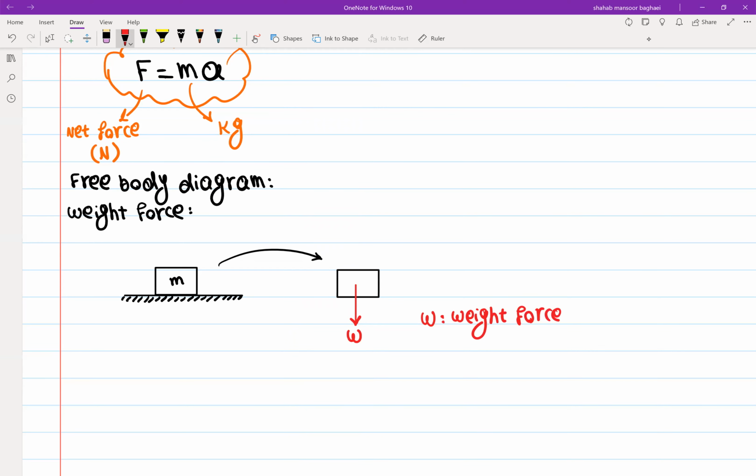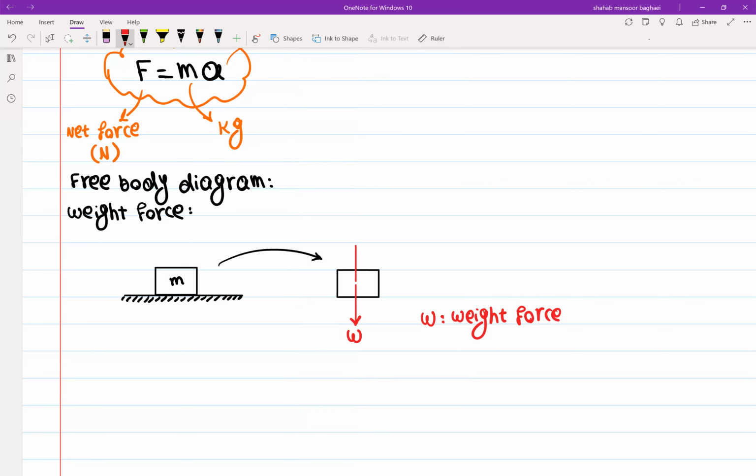This resistance from the flat surface is applied on the block at the bottom, and it is upward. It is opposite to weight force. That's why this block is always on this flat surface. This kind of force, which is applied by the flat surface, is called reaction force. And it should be opposite to W. It's here.